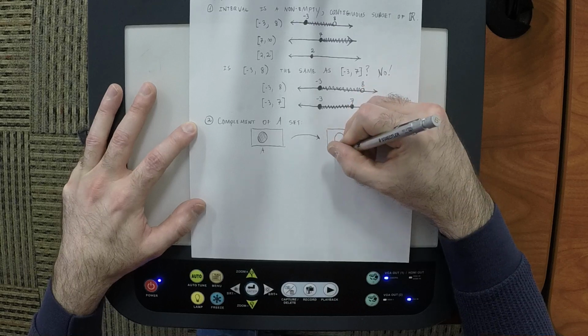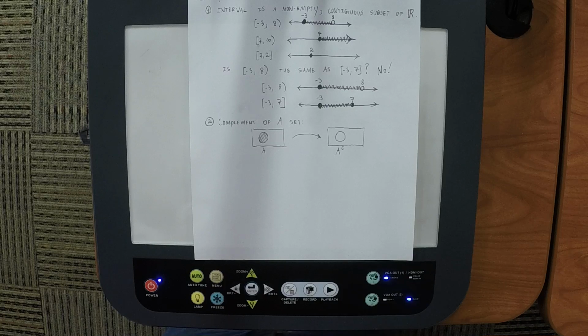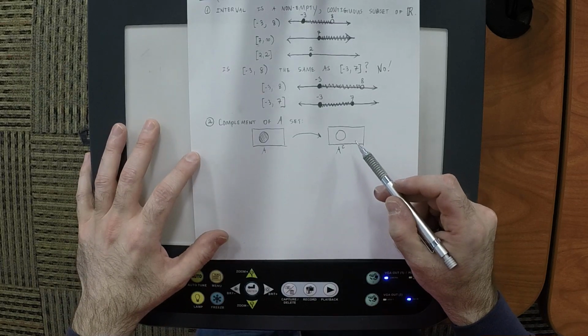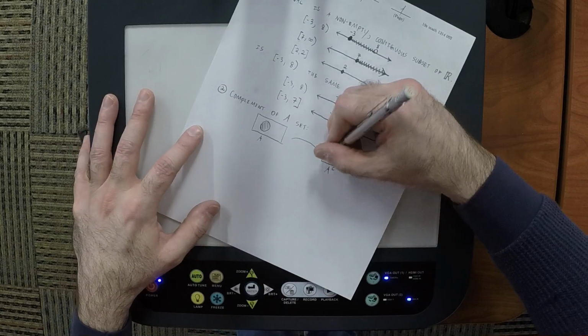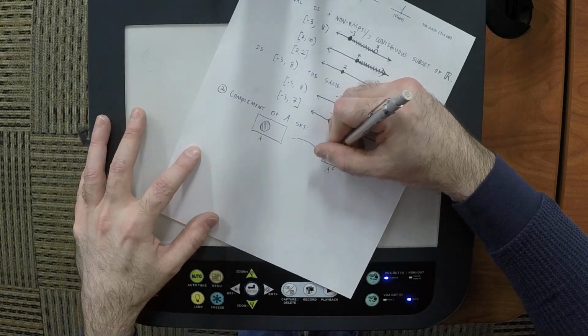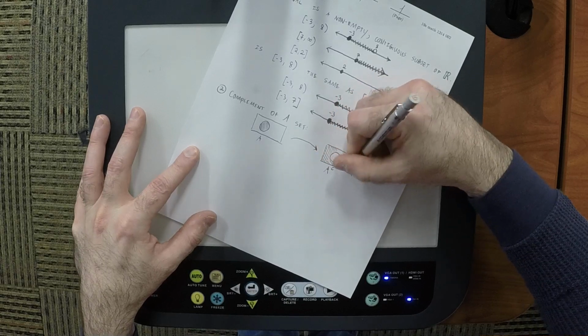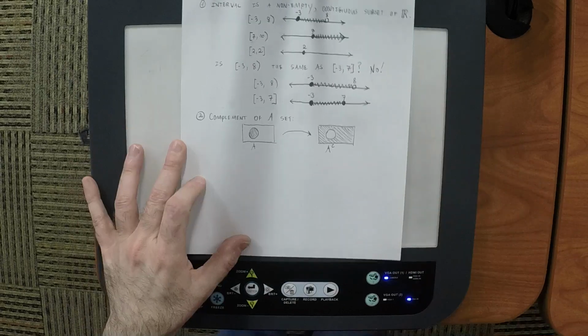So then A complement is denoted as A superscript C, like that. And then what do I need to shade in to indicate A complement? Right. Everything that's not shaded in over there. All right.